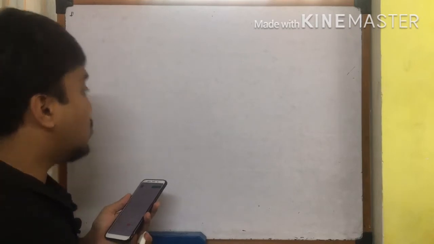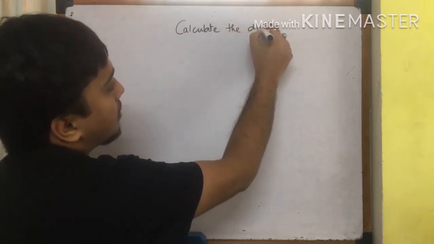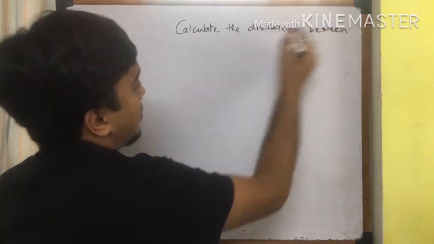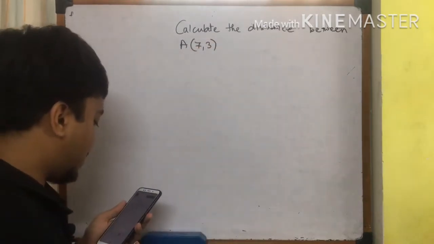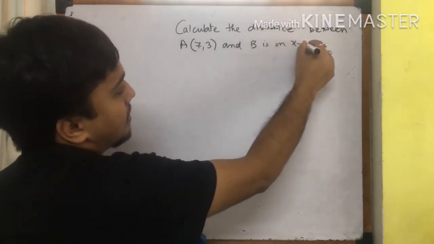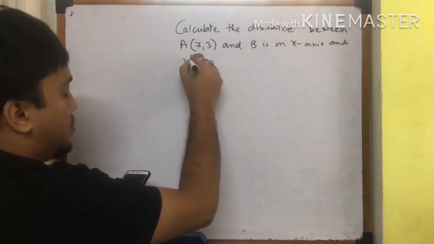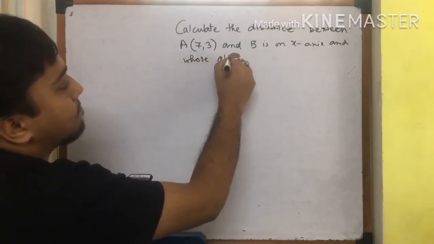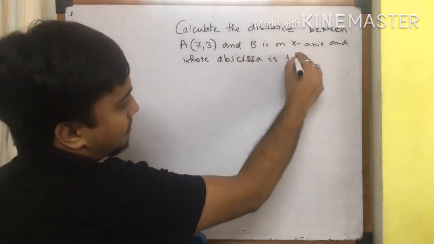It is saying that calculate the distance between A, whose coordinates are (7, 3), and B, which is on the x-axis and whose abscissa is 11.